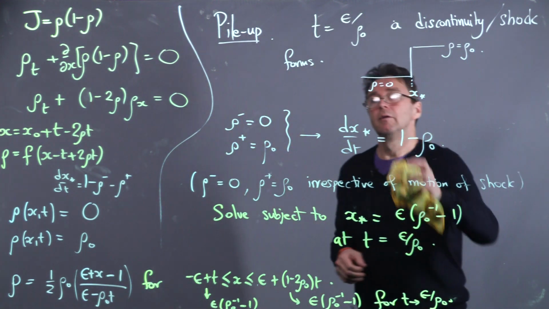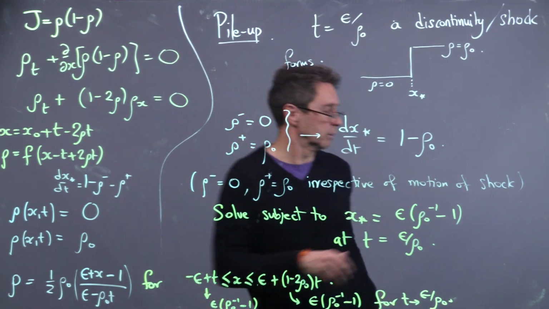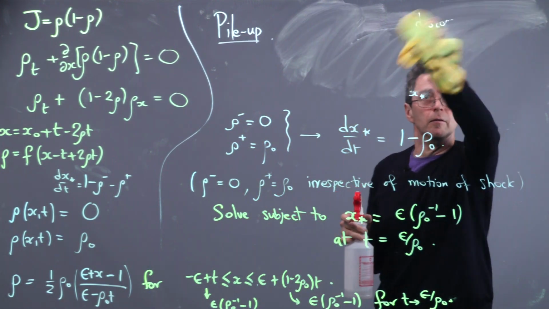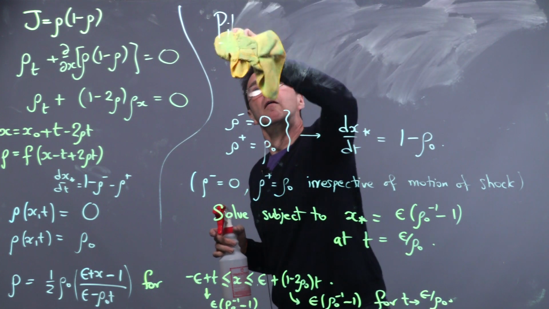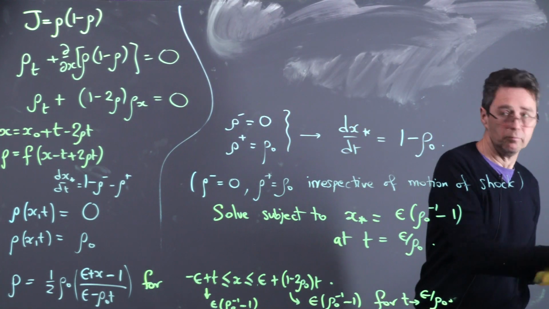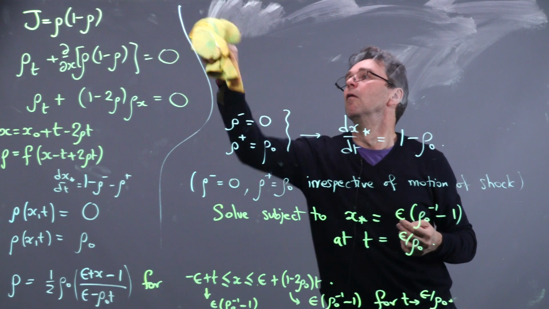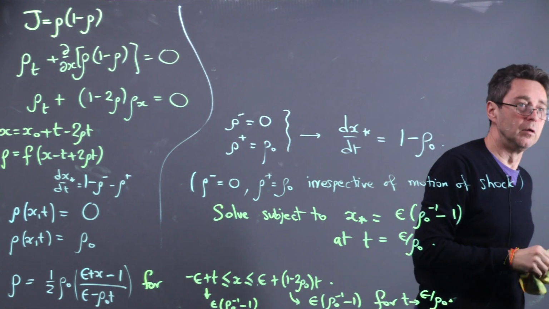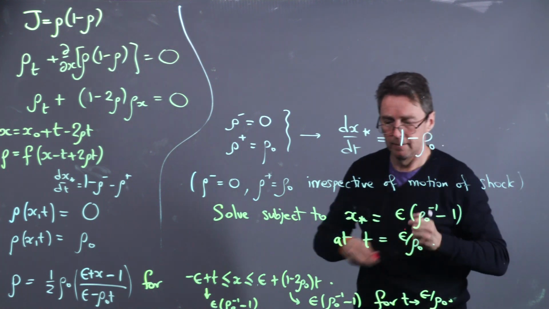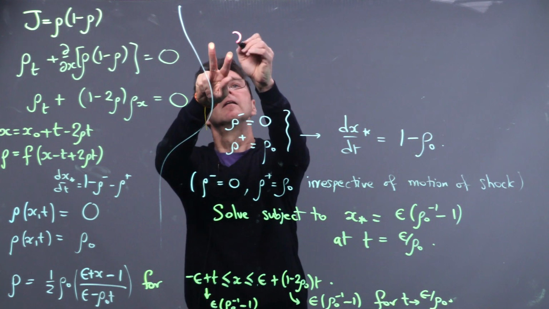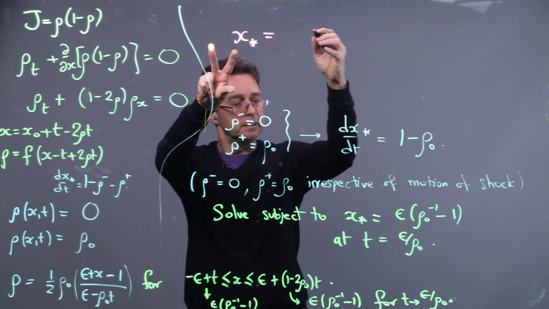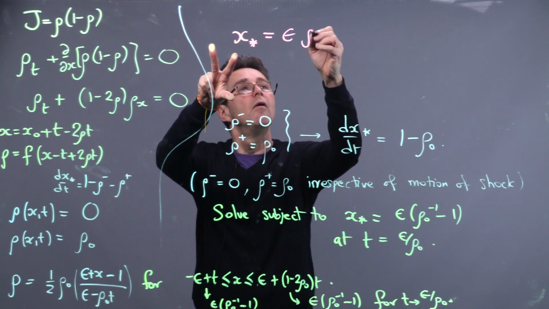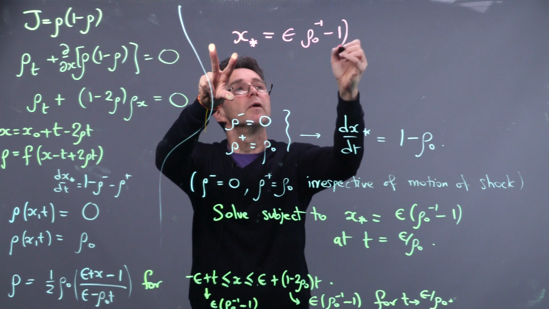Okay, so the pile-up problem has the following solution. X star is equal to epsilon rho naught to the minus 1, minus 1.